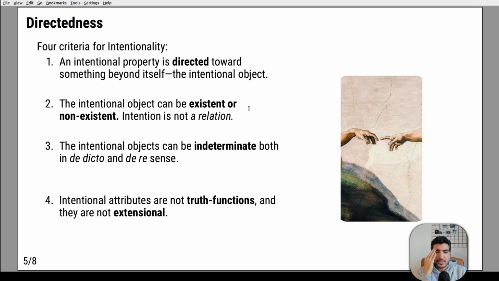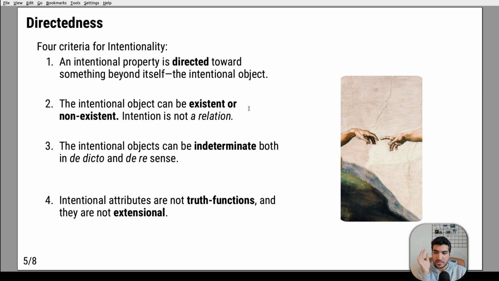So the idea here is that the intention that I have is not a truth function, in a sense that if I tell you that it is true that I believe, for instance, that there is money in the box, because belief is also a propositional attitude, it's again directed toward the existence of money in that box.